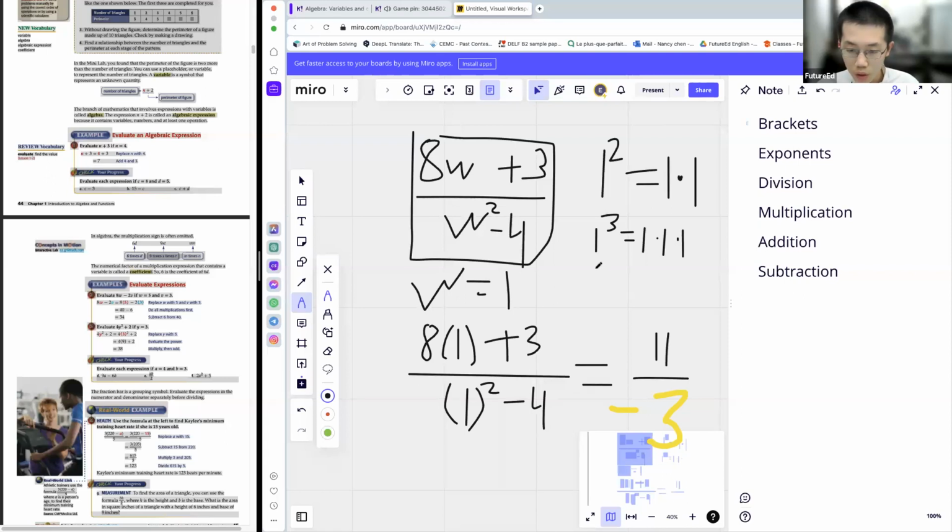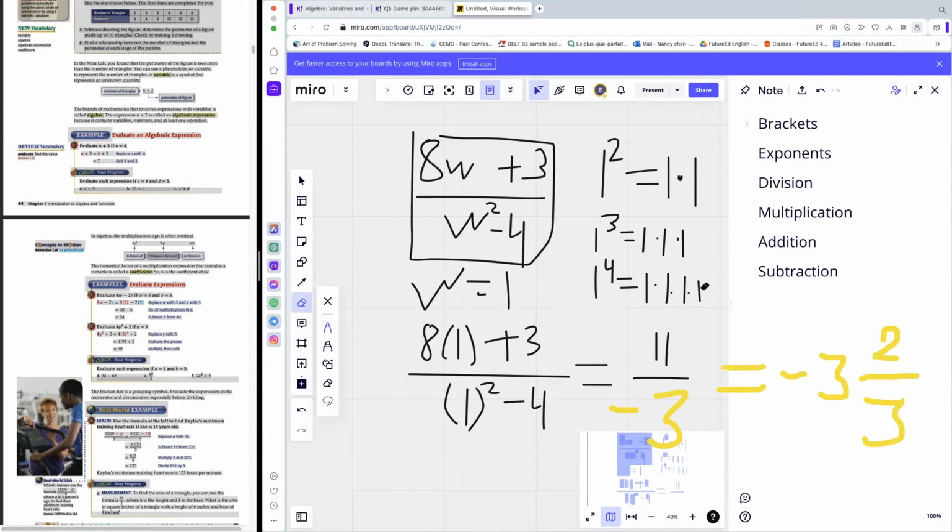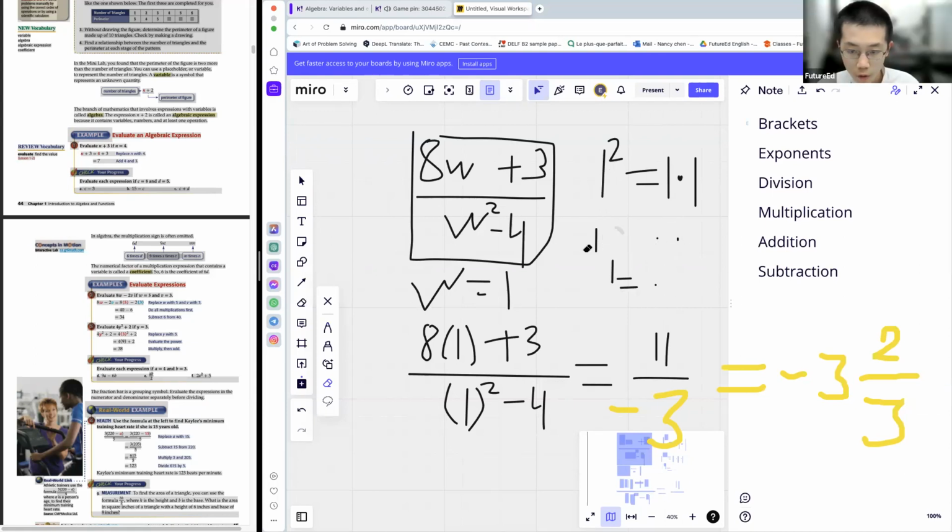If it was 1 to the 4th power, it would be 4 ones multiplied by each other, 1 times 1 times 1 times 1. So in this case, what is 1 times 1? 1 times 1 is 1. So what is 1 minus 4? Negative 3. So we have 1 minus 4 is negative 3.